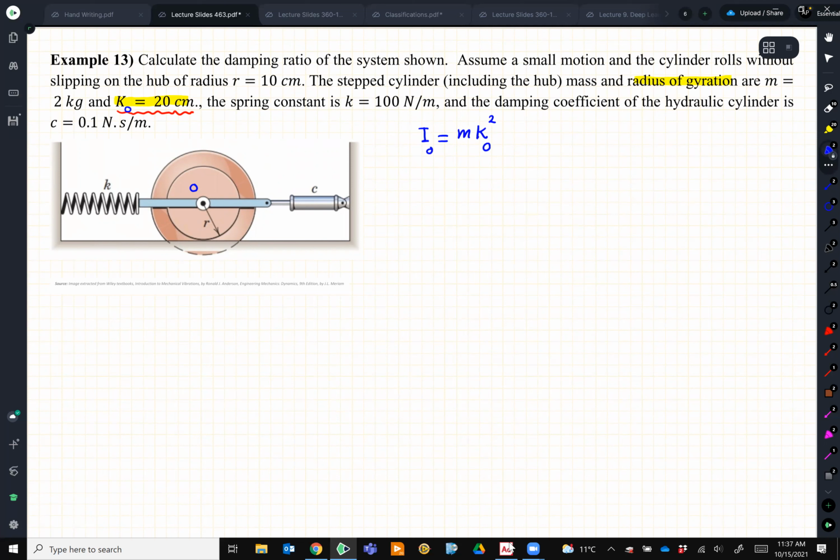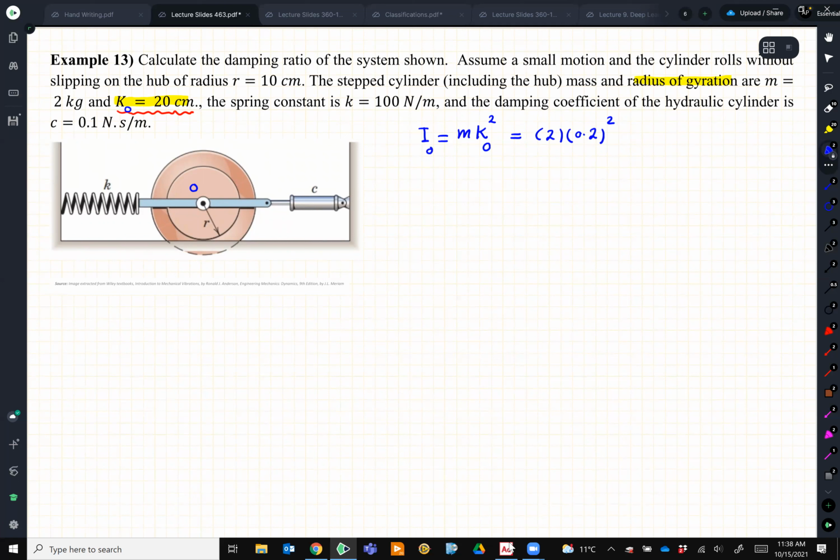So always in our calculation we need the moment of inertia, but sometimes just for easiness, people use the radius of gyration. So the mass of these things is 2 kilograms, and we had better be careful with the units. The radius of gyration in meters will be 0.2 squared. So this is I_O if I needed the mass moment of inertia about the center of gravity.